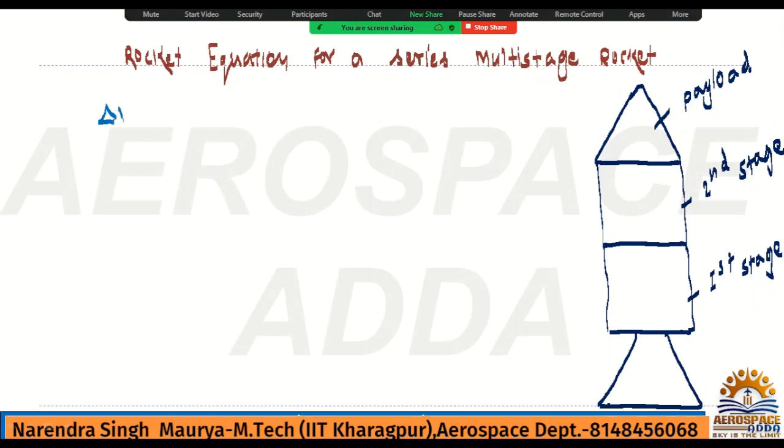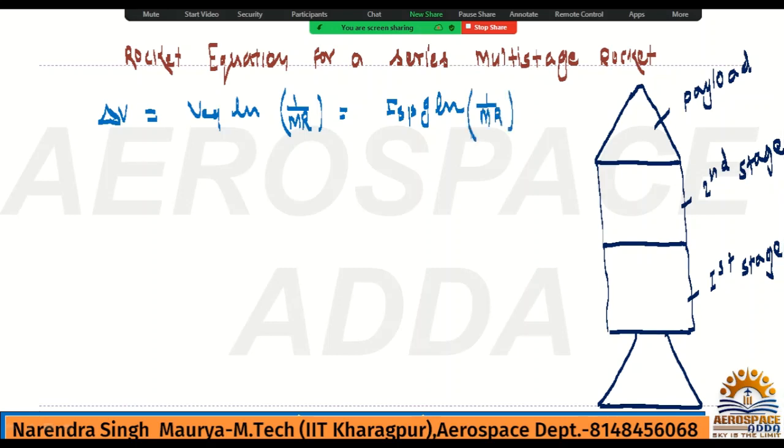For the change in velocity, it is delta v is equal to v equivalent ln 1 upon mr. This is the formula we know, or I had given this is also ISPG ln 1 upon mr. This formula in last lecture you had seen, right? Now, this is for single stage.